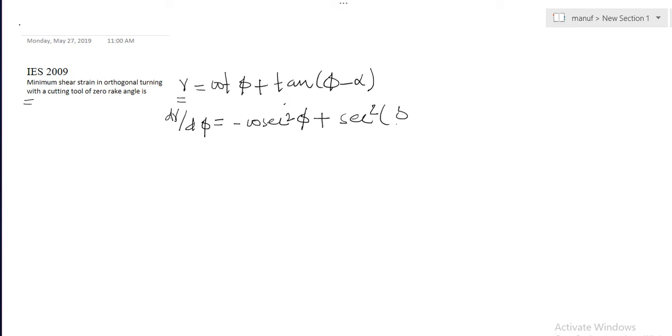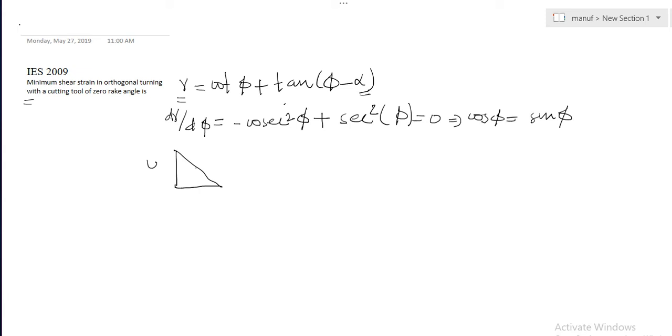So if I make it equal to 0, then I can get cos phi equal to sin phi, and we know that the condition of cos phi equal to sin phi is only possible if this angle is equal to 45 degree.